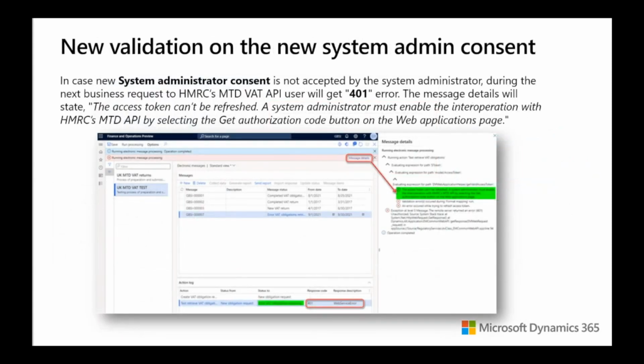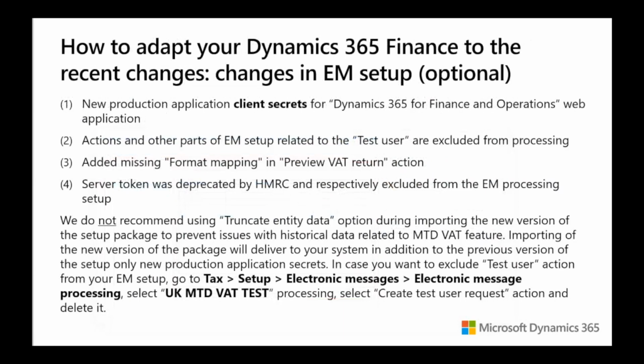In case system administrator does not provide a new consent, token of the production web application will not be possible to refresh, and no requests will be possible to send to HMRC. Well, that was the most important part of the new setup.